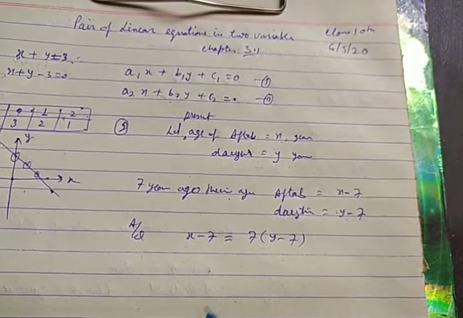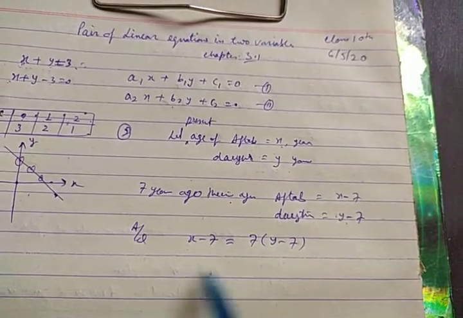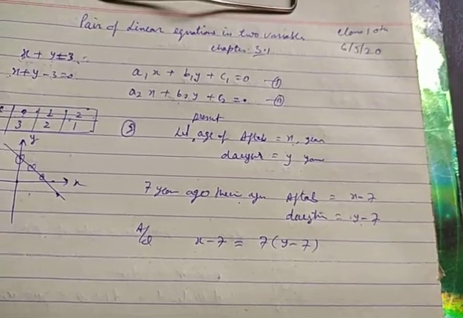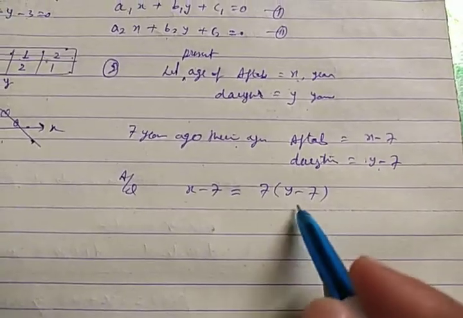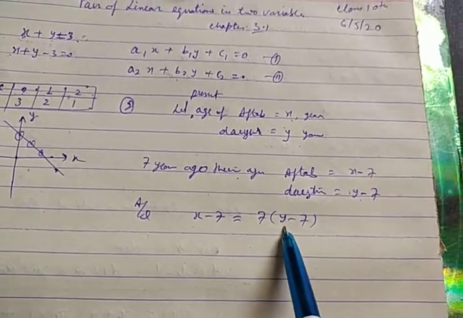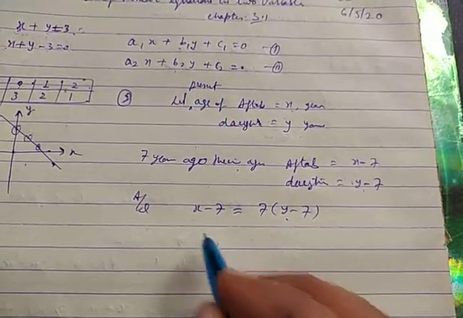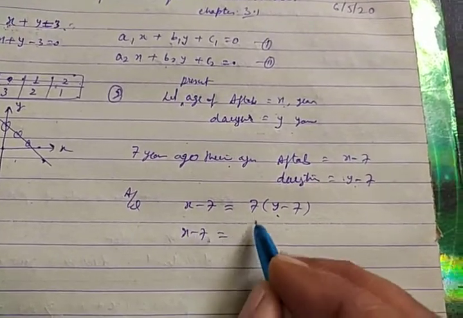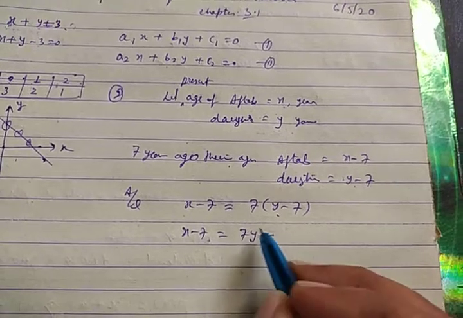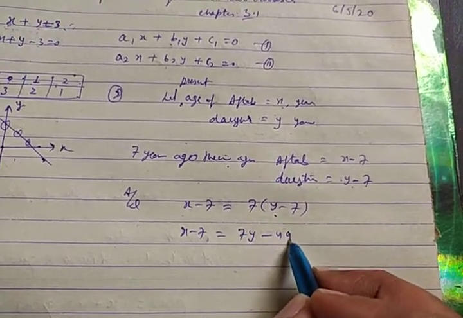In the other questions, you will also follow the same system according to the condition given in the question. Now you have to simplify and express this in this format. x minus 7 is equal to 7y minus 49.